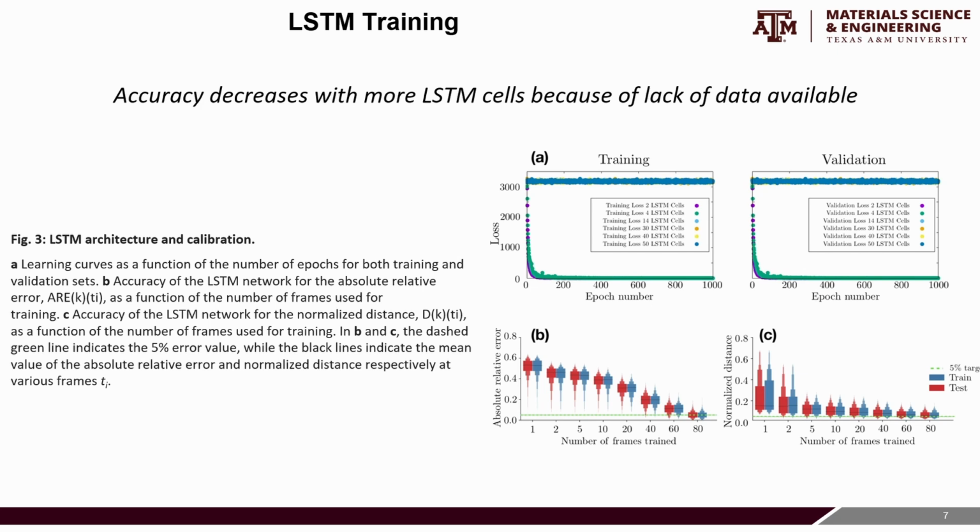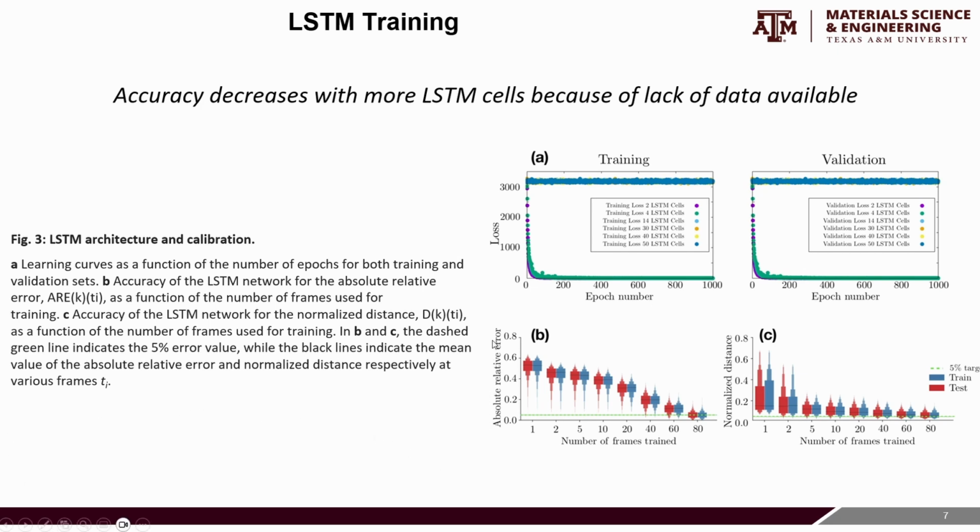There were only 5,000 microstructures generated over the course of 80 frames. And because of that lack of data, this is what worked better. In the same way that a deep learning network needs more data in order to perform better, this is the limit of how well this can be trained.